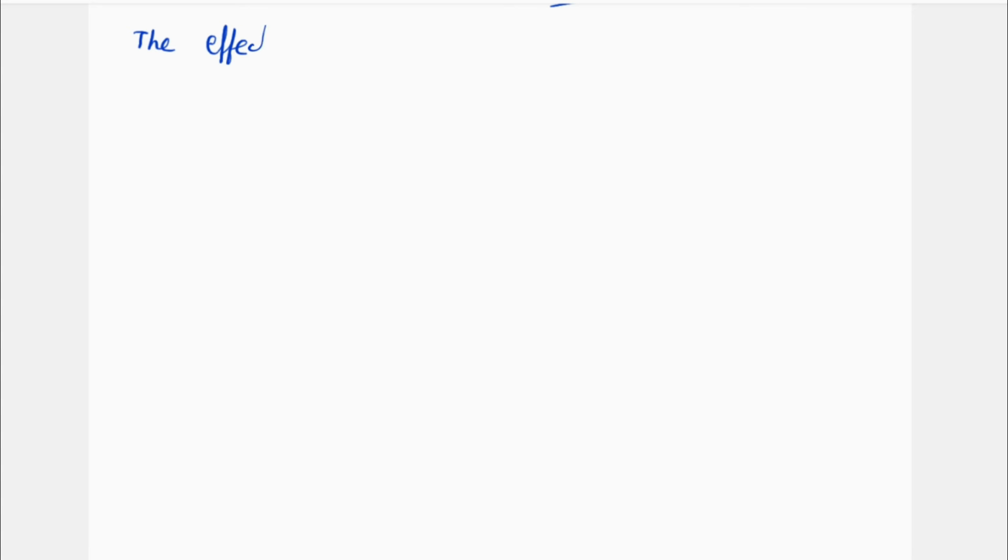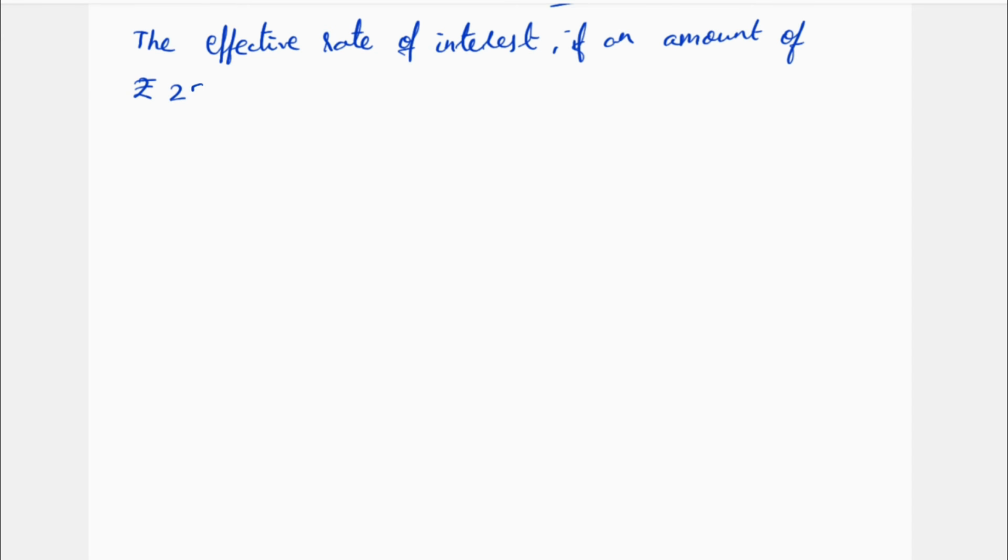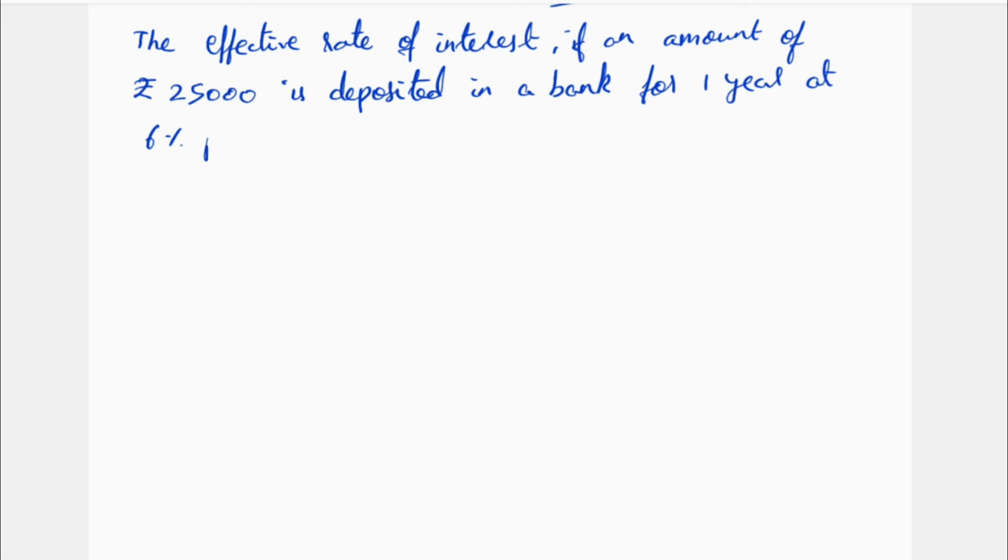The effective rate of interest, if an amount of rupees 25,000 is deposited in a bank for 1 year at 6% per annum compounded semi-annually, is what?